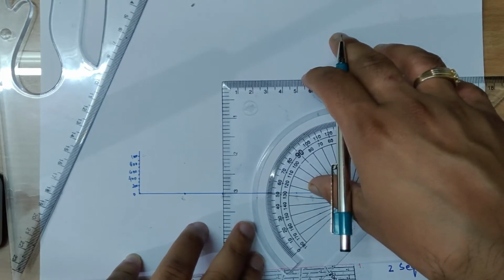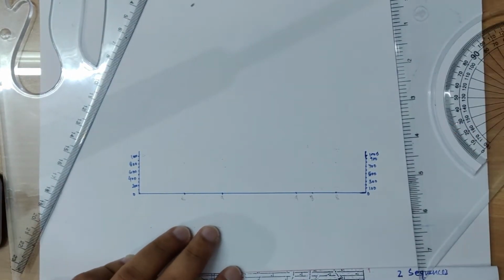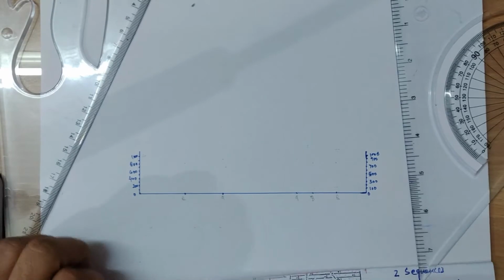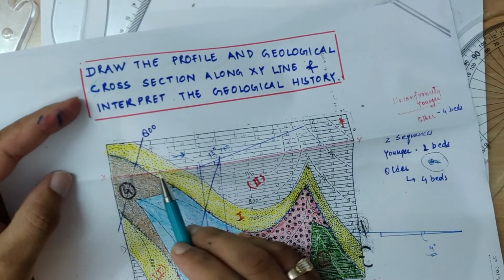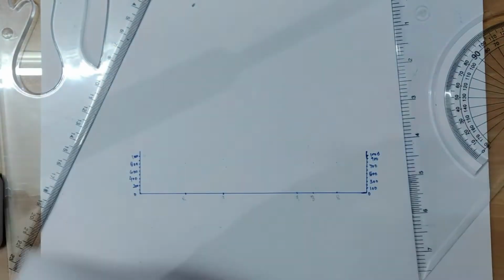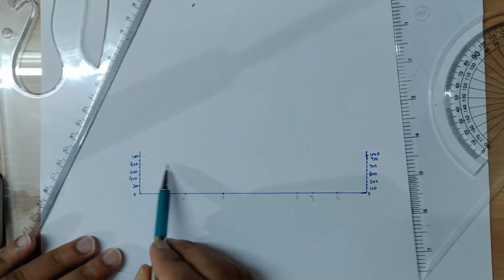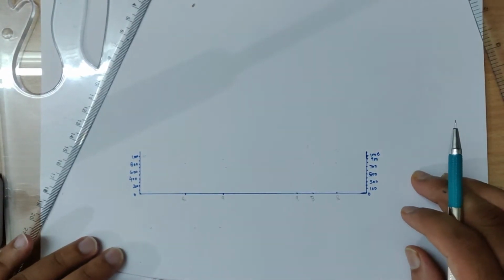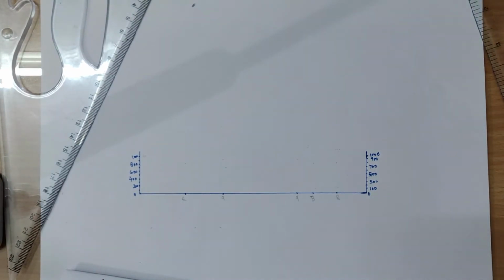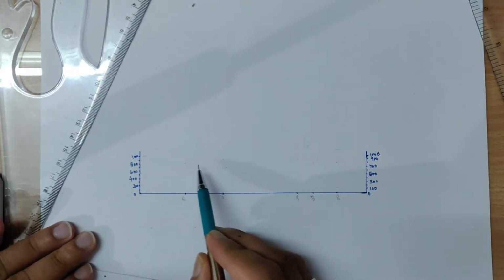Let's check it once more. Yes, this is 900. So now by joining it smoothly here, because the variation is between, this is 800 and here is 700, so we'll join it in between 700 and 800. So this is 700 point, this is 800 point. I'm going to tilt a bit in order to draw it accurately. So between 700 and 800, this is 900.